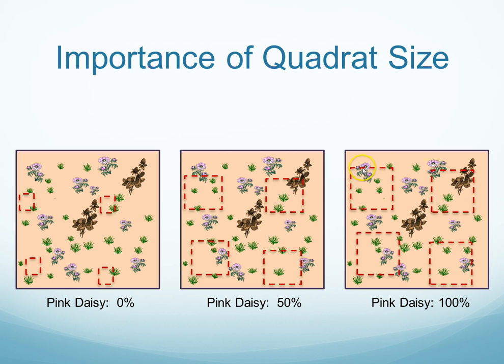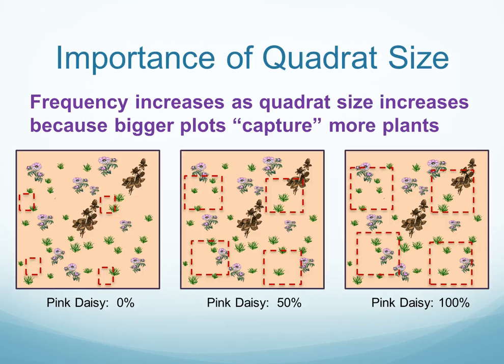And in the largest size quadrat here, it occurs in every single one for 100%. And this makes perfect sense, because the bigger the plot, the more area each plot is going to capture, and so it has a greater likelihood of capturing more plants.